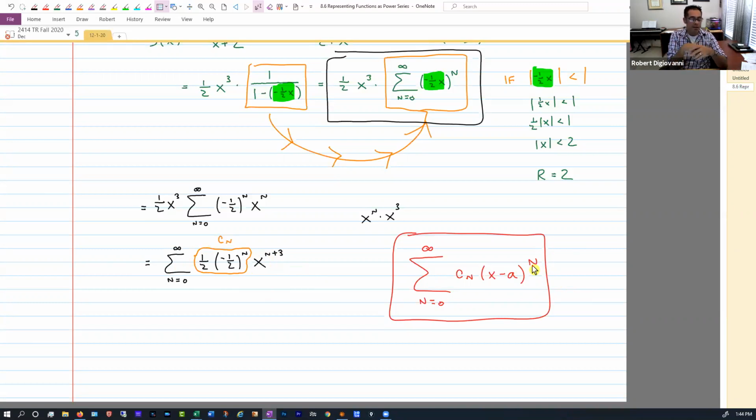But there are more complicated problems, which we are not going to do in this class because we just don't have time, okay? There are complicated problems where you actually have to put two power series together, and to put them together, you actually have to make that power be an n. So I'm going to show you how to do it. That way you know how, like you've seen it, okay? I don't want to leave it out.